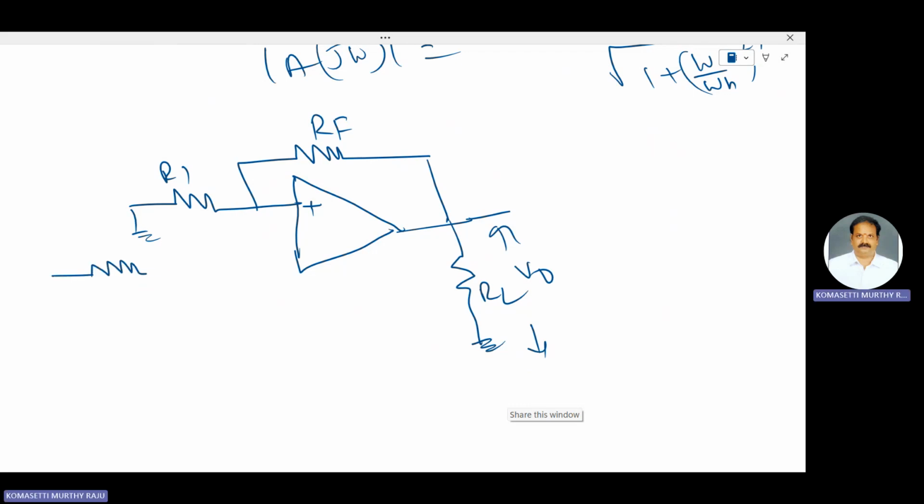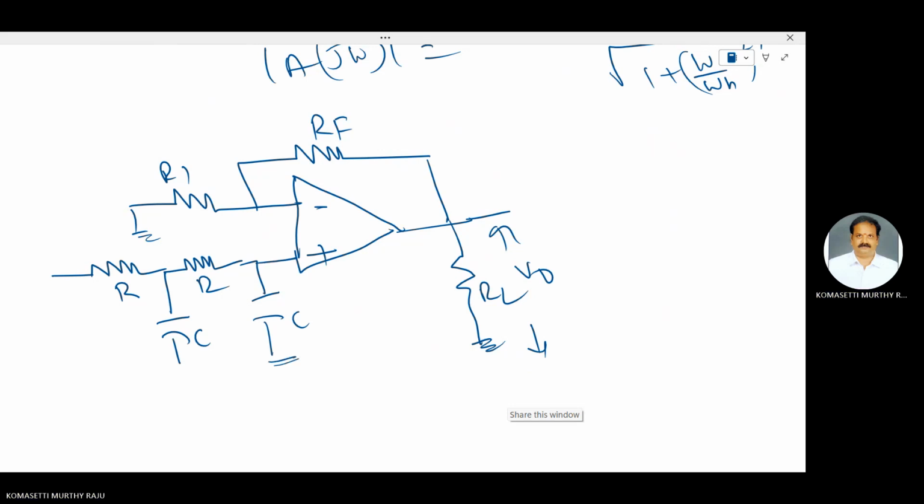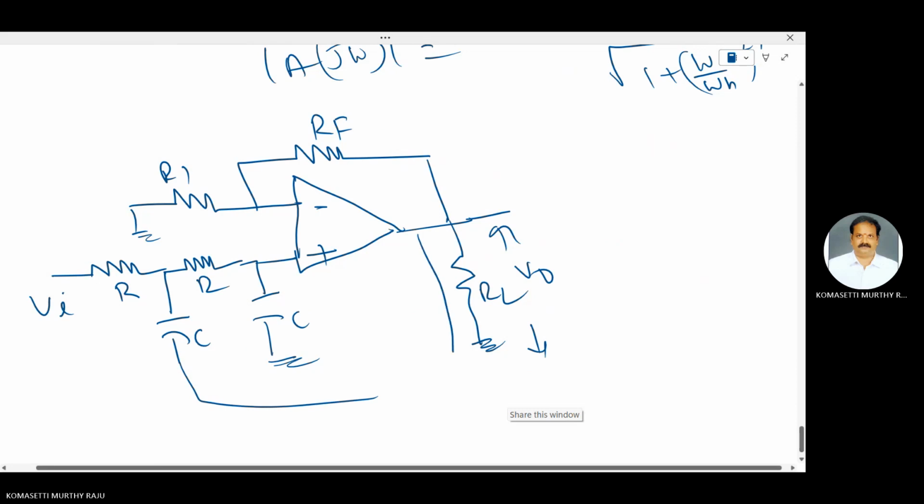Y1 is resistance 1 by R. Admittance is 1 by R. Impedance is R. This one is capacitance C. This one is R. This one is capacitance C. This one is minus. Not this one, this one is plus. This one is minus. This one is VI. This is the complete design circuit.